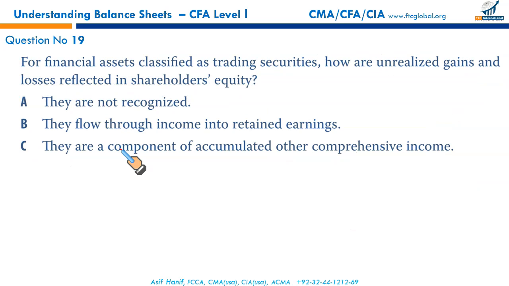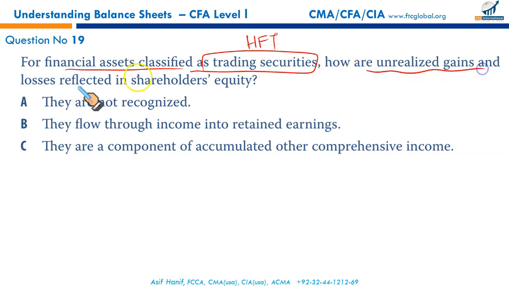B it is. Next. For financial assets, bonds, etc., securities which have been classified as trading securities, held for trading, HFT, mark to market, how are unrealized gains and losses reflected?